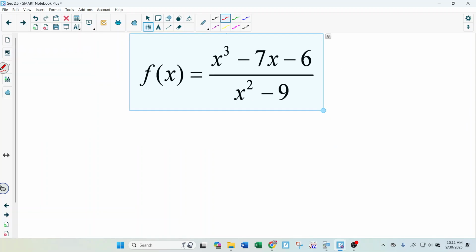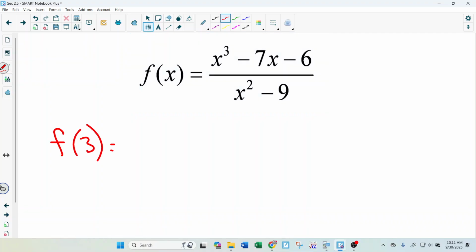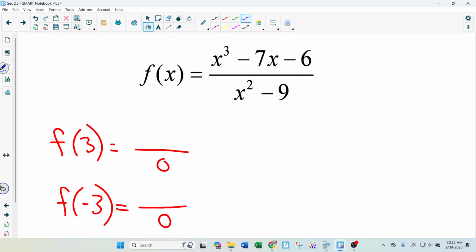Let's see what happens if we put 3 and negative 3 in. Now we know right away the bottom is going to be 0, right?